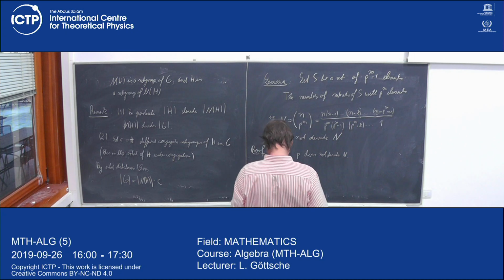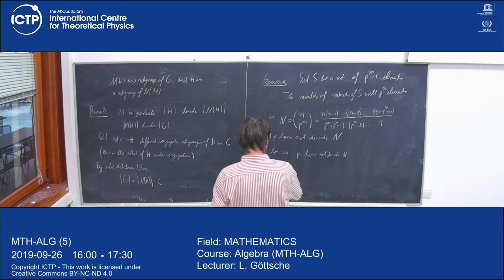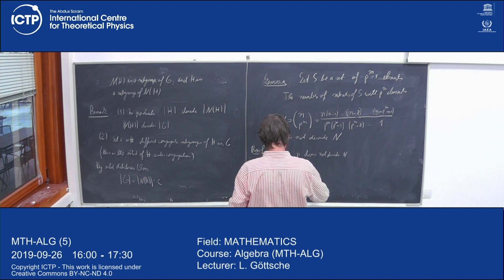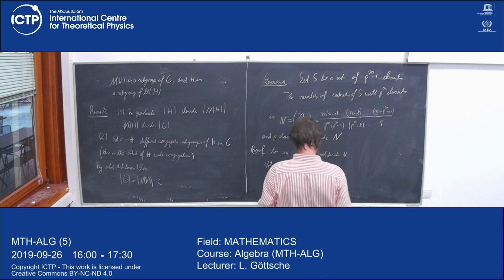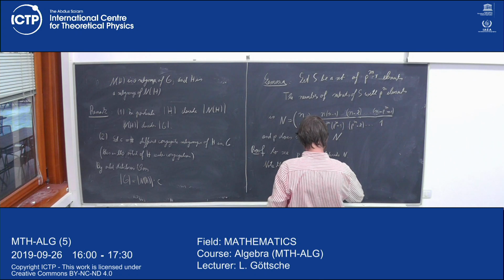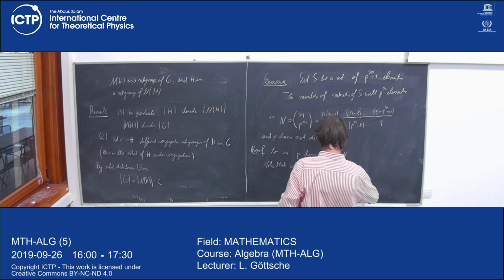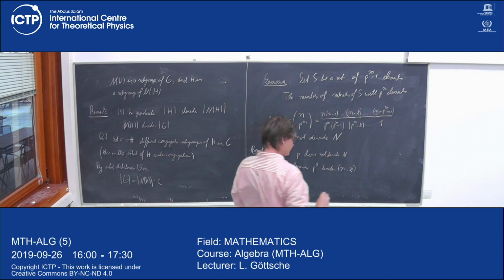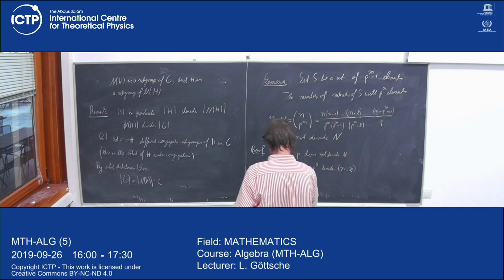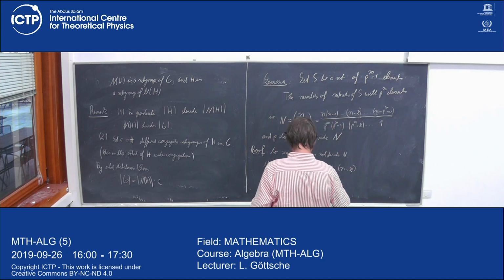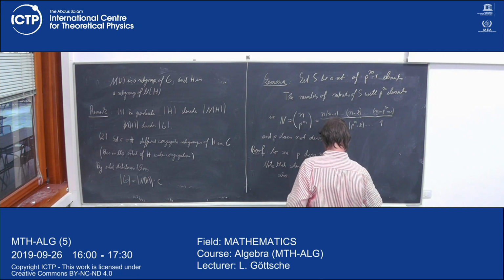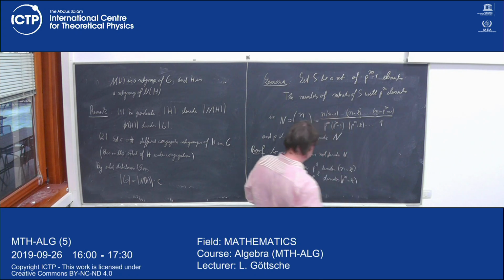So note that whenever, say, p to the l divides n minus k, which is some random factor in the numerator, also p to the l divides p to the m minus k.